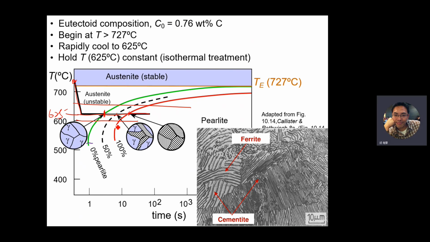And we can estimate this reaction's starting and finish time. Okay, so this eutectoid reaction will begin at this point and end at this point, right? Okay. And look at this microstructure, with the layer structure consisting of the lamella structure with cementite and the alpha ferrite.